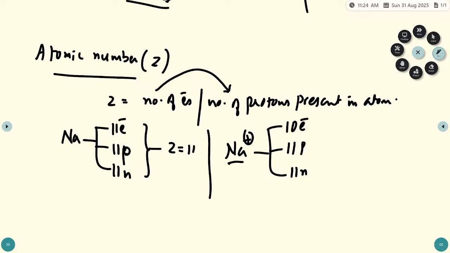The number of electrons may be involved in a chemical reaction, so if you consider electrons, that number will change. Protons remain constant, so the atomic number is nothing but the number of protons present in the atom. Only in some cases do we consider the number of electrons; it is not always right.